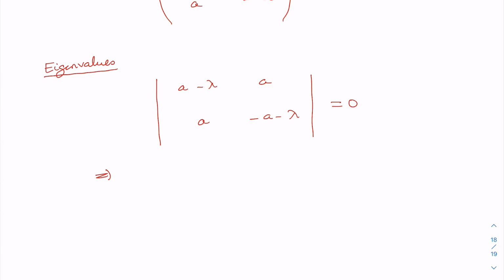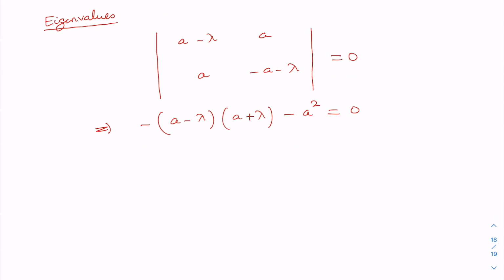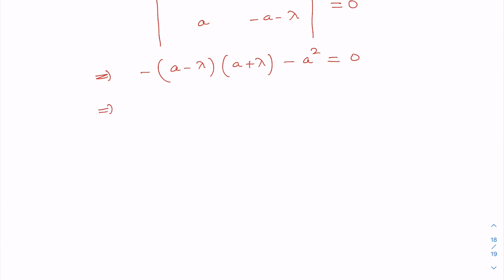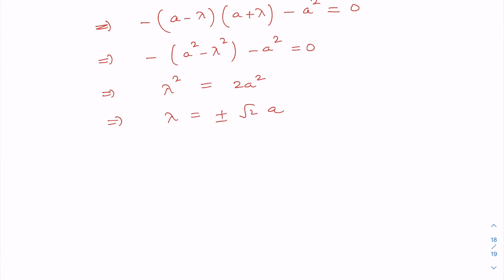If you solve it, you will get (A minus lambda)(minus A minus lambda) minus A square is equal to 0, and you will get minus A square plus lambda square minus A square is equal to 0. So therefore lambda square is equal to 2A square, so lambda is equal to plus minus square root of 2 A, because they correspond to the energy eigenvalues.